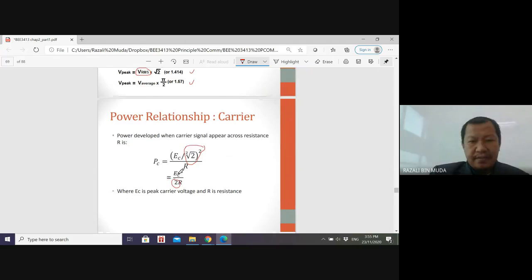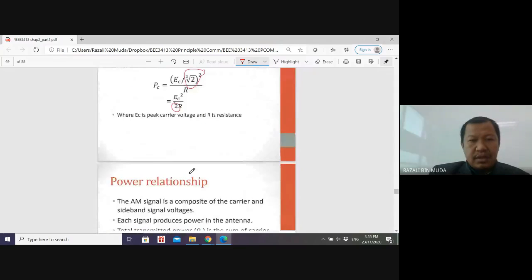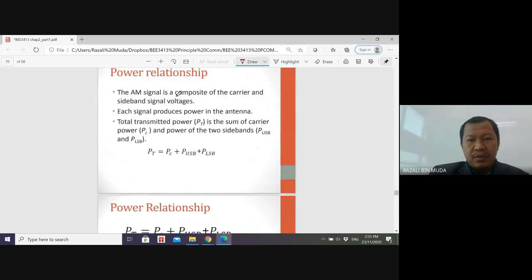the resistance. Power relationship. The AM signal is a composite of the carrier and sideband signal voltage. Each signal produces power in the antenna. Total transmitted power is the sum of carrier power and power of the two sidebands. Because AM signal consists of three components, right?